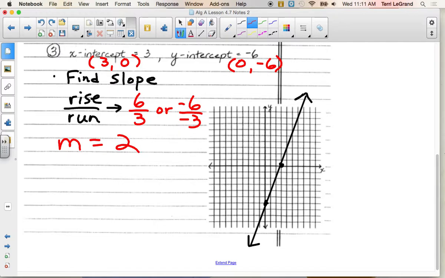Okay. Well, do we have to put that and one of the points into point slope form to get slope intercept form, do you think? Since we're into shortcuts on this one, let's see if there's another shortcut we can take. We need an equation in slope intercept form.